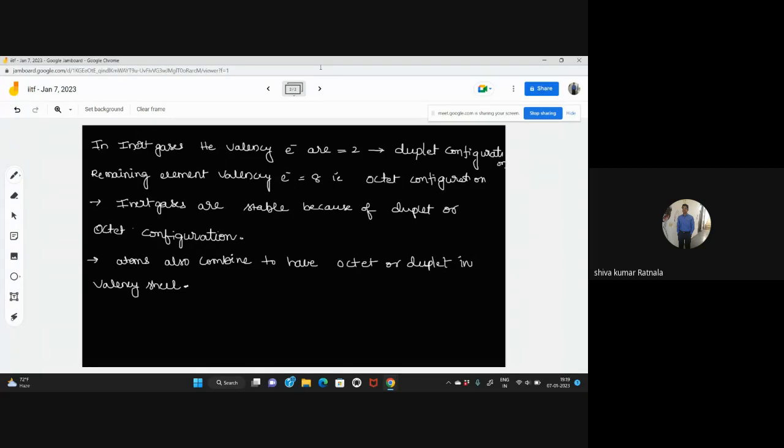First, actually, atoms are going to combine. It was asked why the atoms are going to combine. That was the question raised by the scientists. Combining means they are reacting with each other, right?